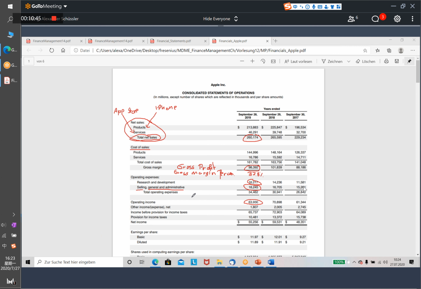So the operating margin is operating income divided by sales, by net sales.